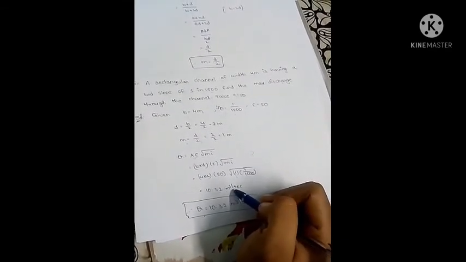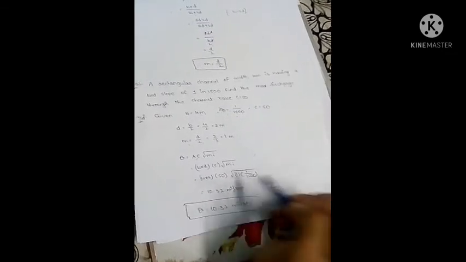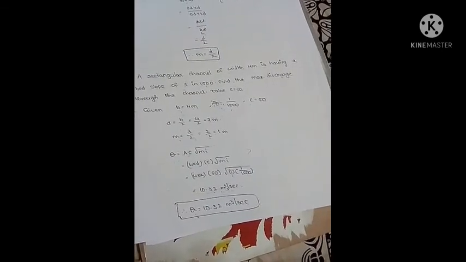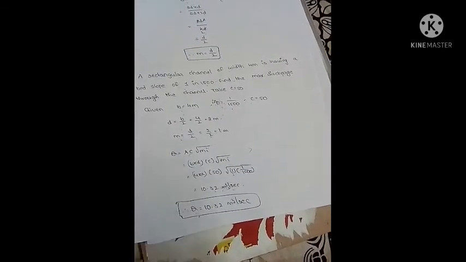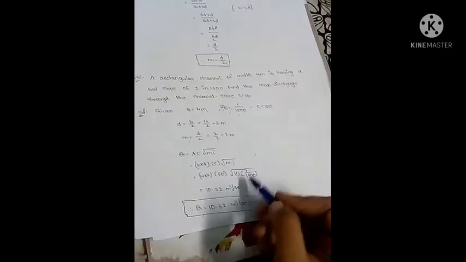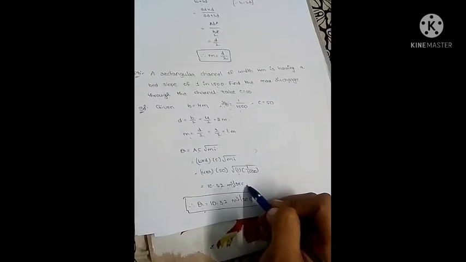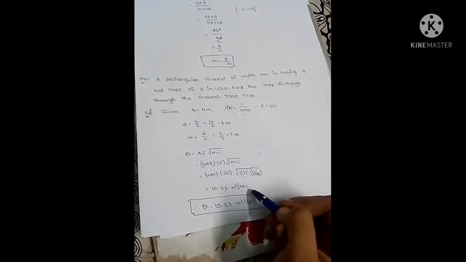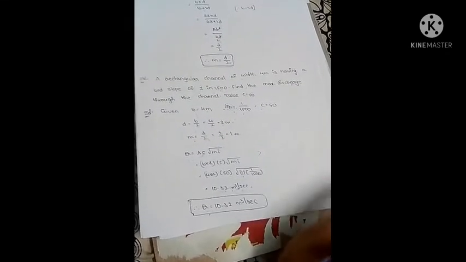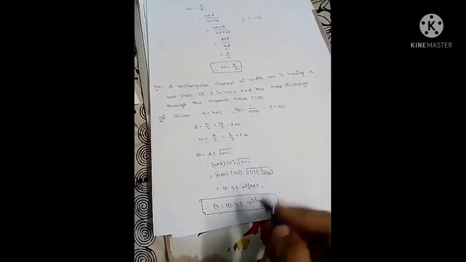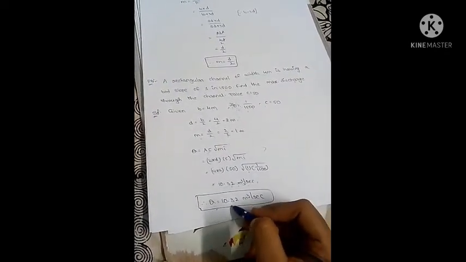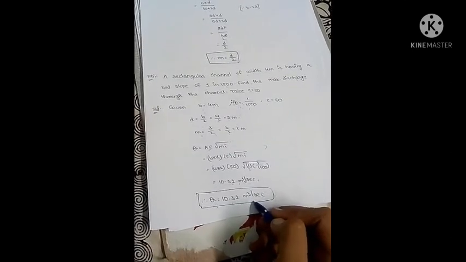Here it is denoted with meter cube per second. Always the discharge is denoted with meter cube per second. This is very important, because from the examination point of view, this will carry marks. So finally we got the discharge value Q equal to 10.32 meter cube per second.